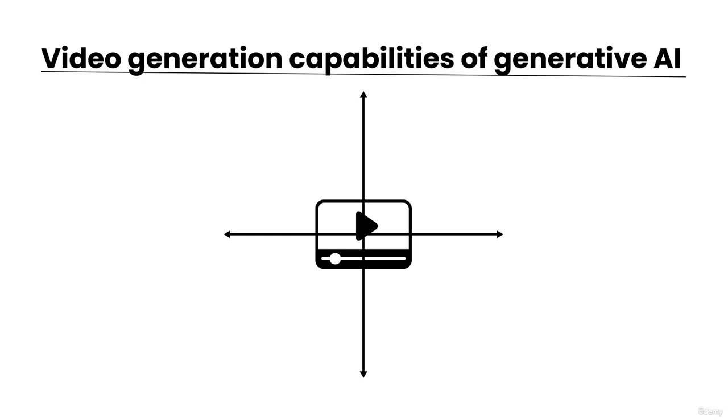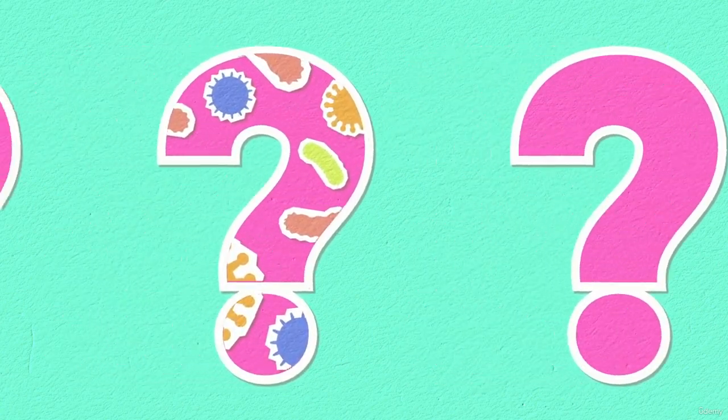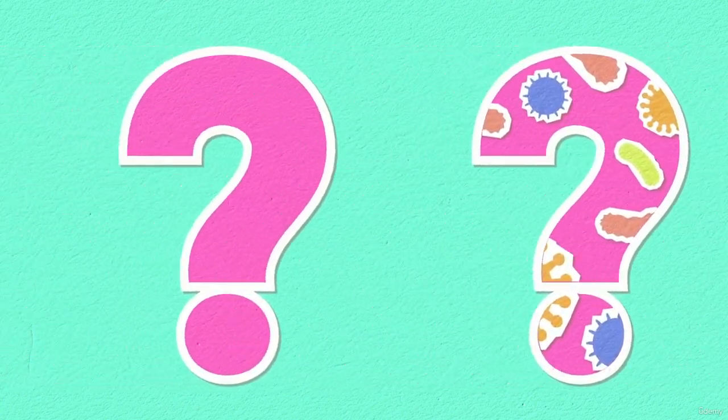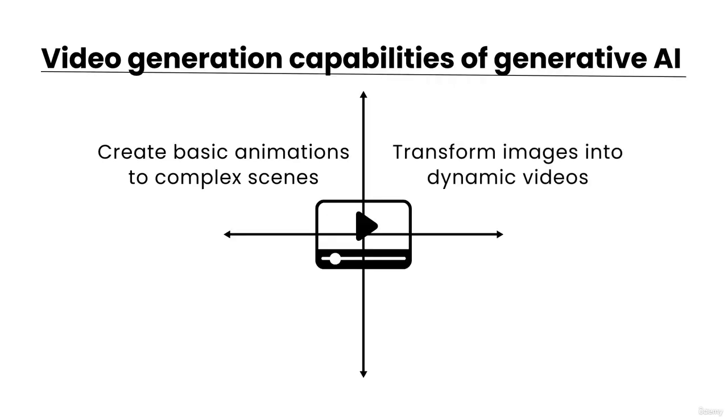Now let us take a look at the video generation capabilities of generative AI. Generative AI models can create dynamic and lucid videos ranging from basic animation to complex scenes. These models transform images into dynamic video by incorporating temporal coherence. In natural language processing, temporal coherence refers to the consistency and continuity of meaning or context over time.